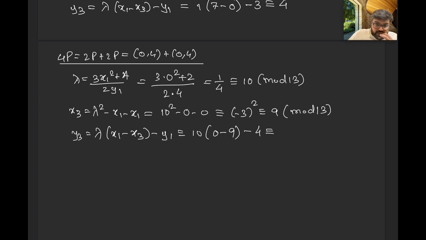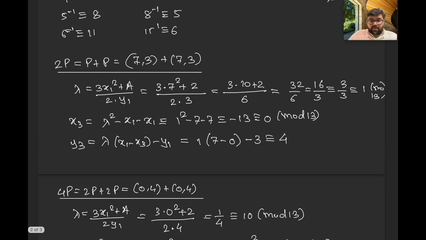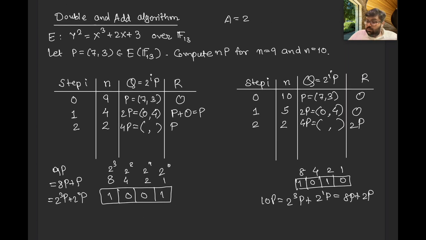So minus 90 and minus 4. Or I can write 10 as minus 3, into minus 9, minus 4. So this is 27 minus 4. So 27 and then modulo 13. So this is 23. 23 modulo 13, which is nothing but 10. So our point 4P we have computed. This is (9, 10).